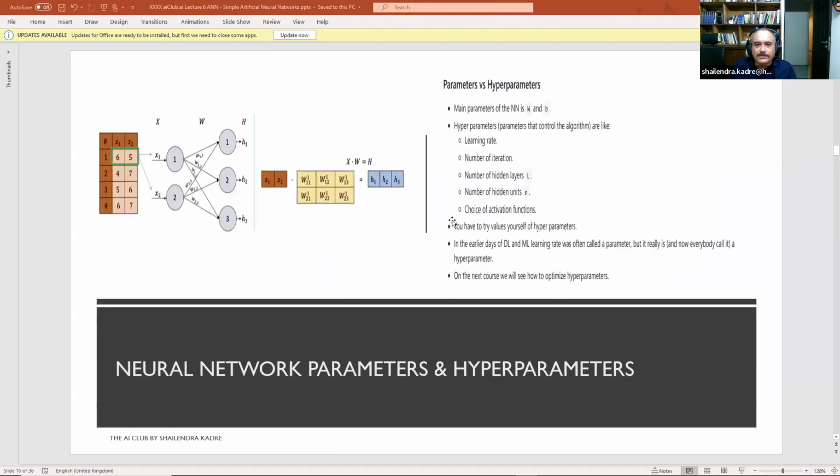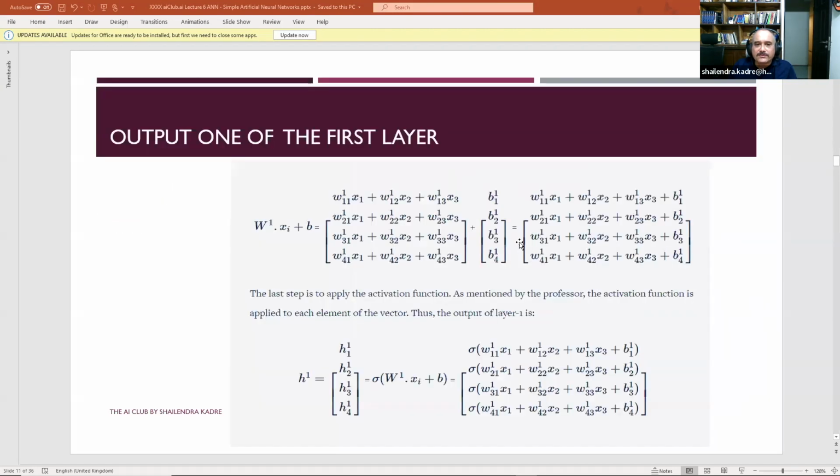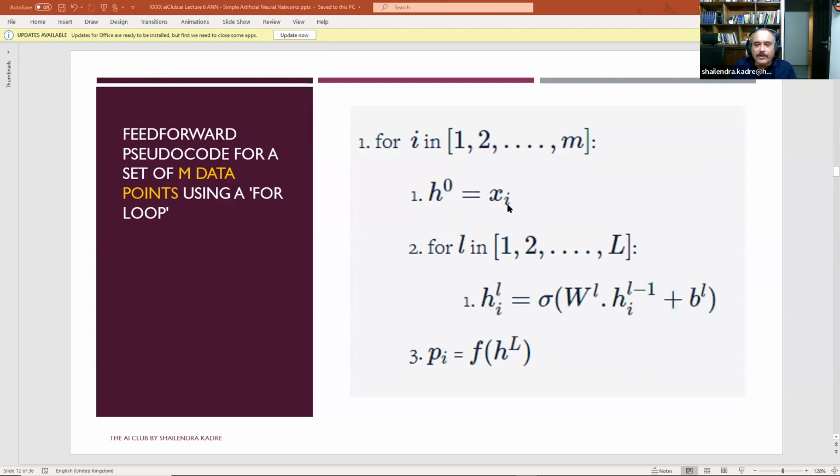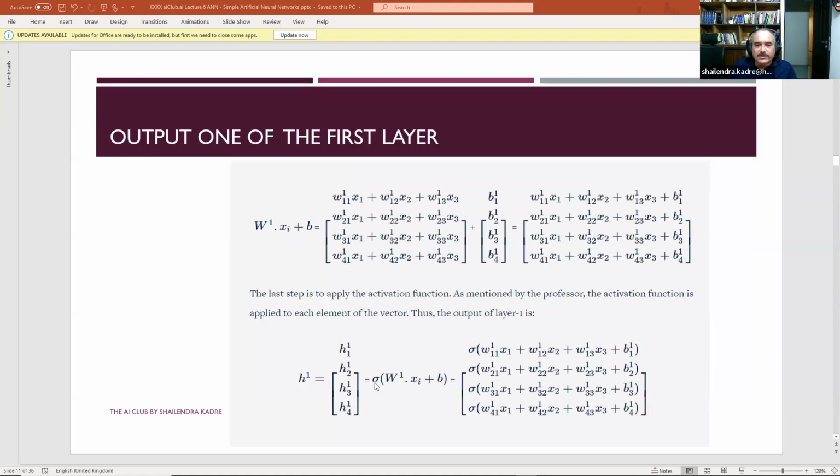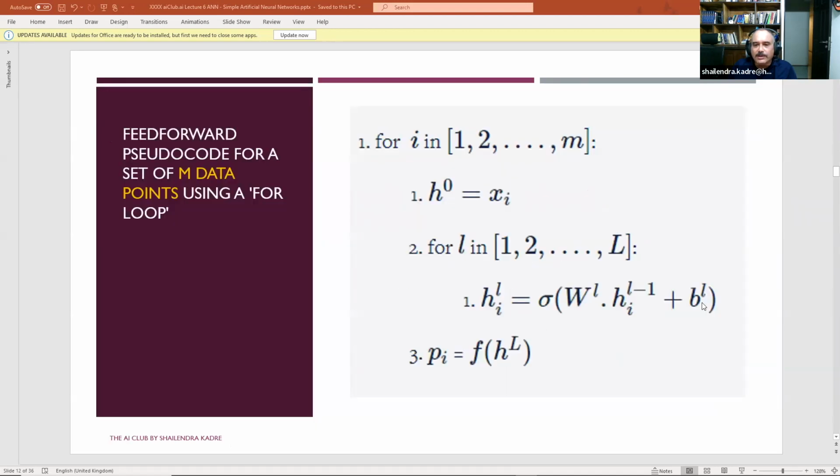First output means this is h, right? This is h1, h2, h3. So first h you initialize with the help of the input only. Then for every layer, from 1 to all the layers in the network, you calculate the h of L. You calculate the output using this equation: sigma of Wx plus B, plus bias.